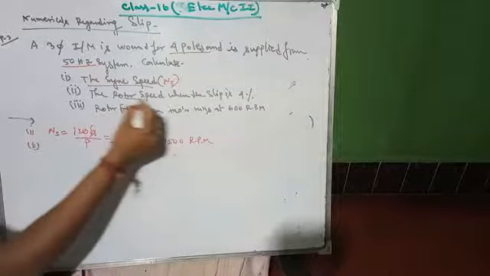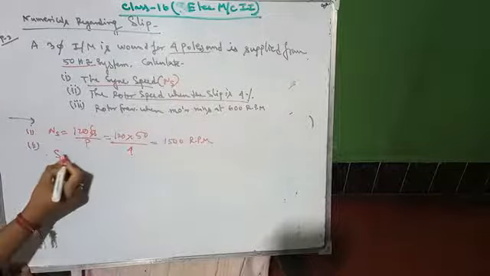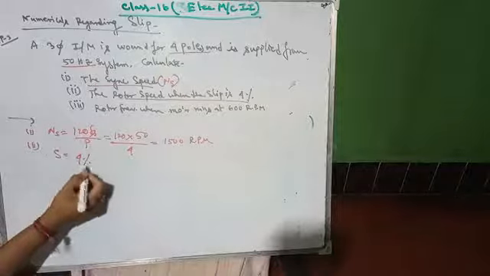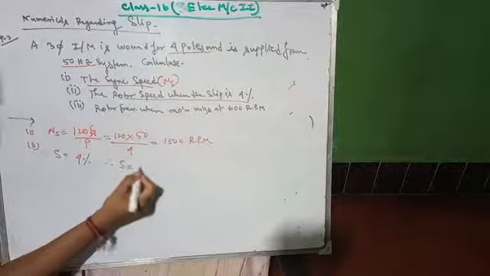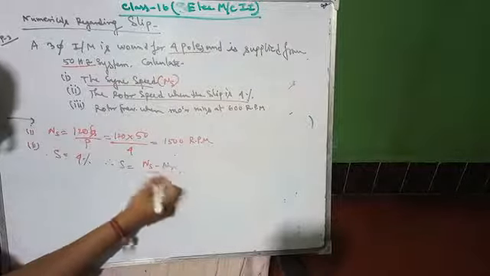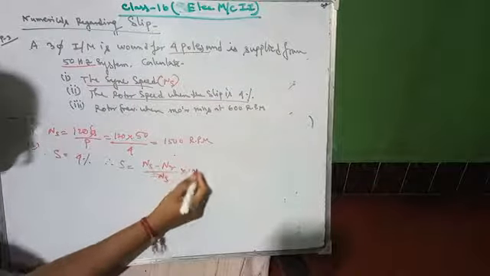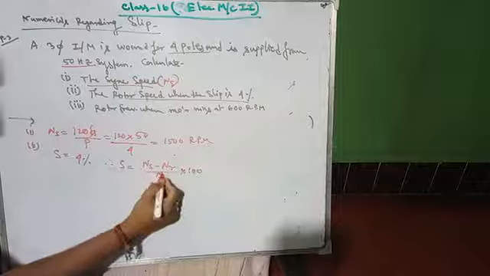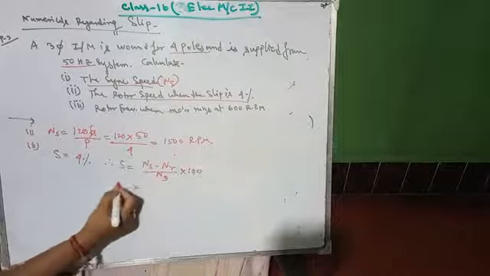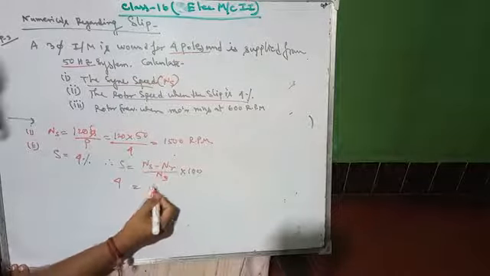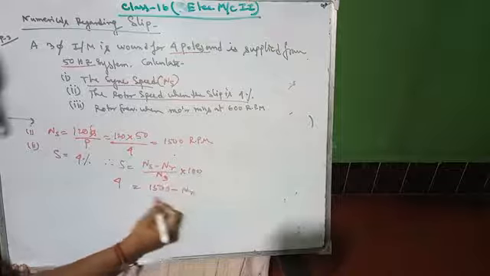Second one, rotor speed when the slip is 4%. So slip equals 4%, given in percent. That's why slip S equals Ns minus Nr by Ns into 100. That is the formula for slip. That will be 4. Ns means 1500, and Nr should be calculated, the rotor speed.